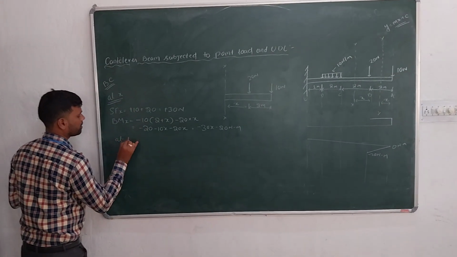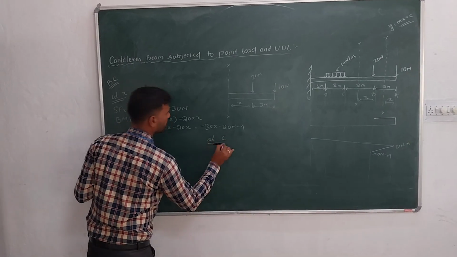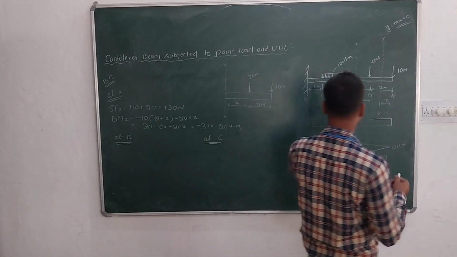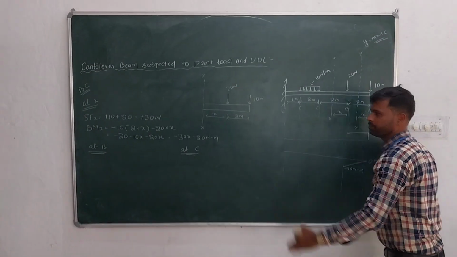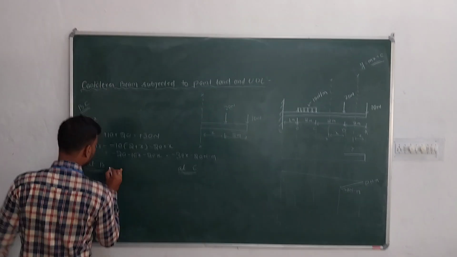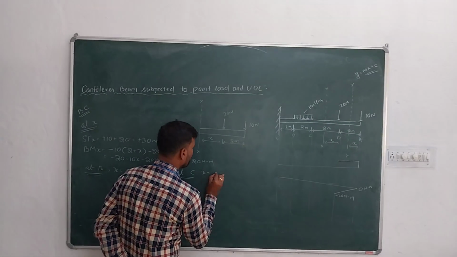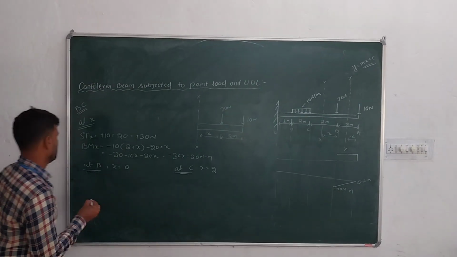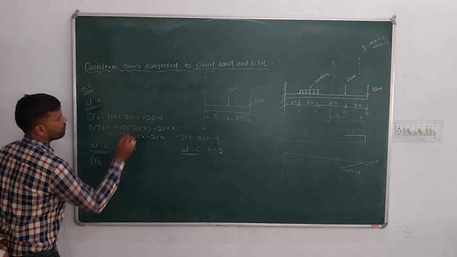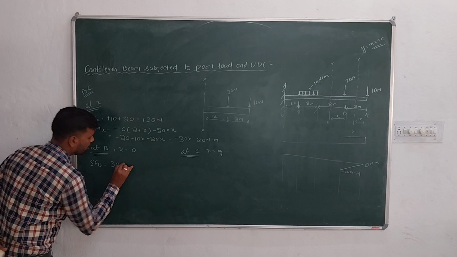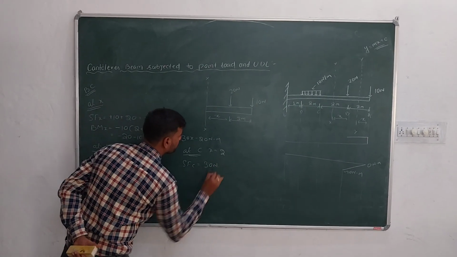Similarly at B and at C: in case of B, x is equal to 0, and in case of C, x is equal to 2. Put the value of x here. So SF at B is independent of x, so 30 Newton. SF at C is 30 Newton.